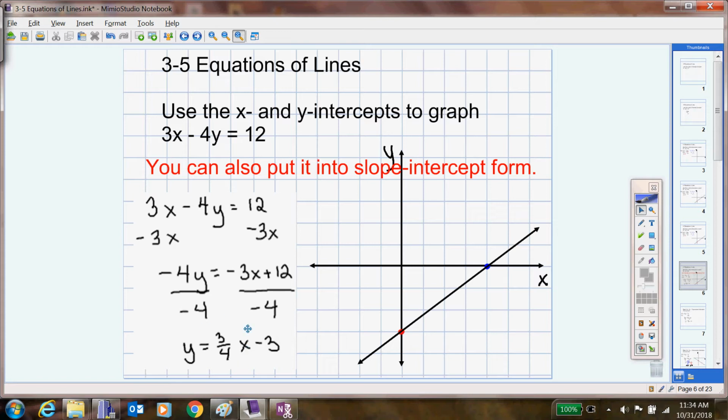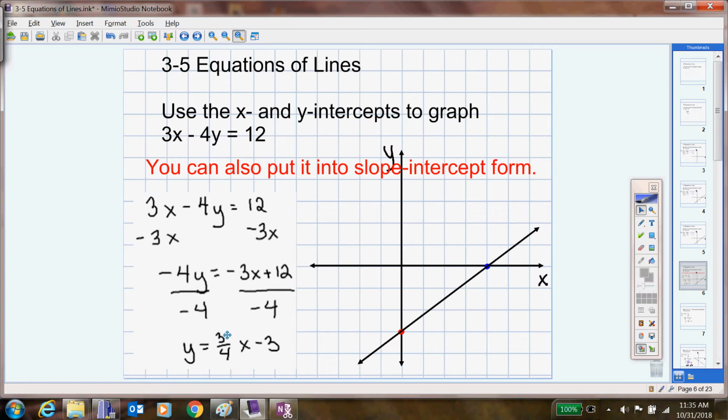What's up with the 3/4 though? Okay, so negative over negative makes positive, but in y equals mx plus b, what does m stand for? Slope. This is the slope. It's the what over the what? Rise over run.